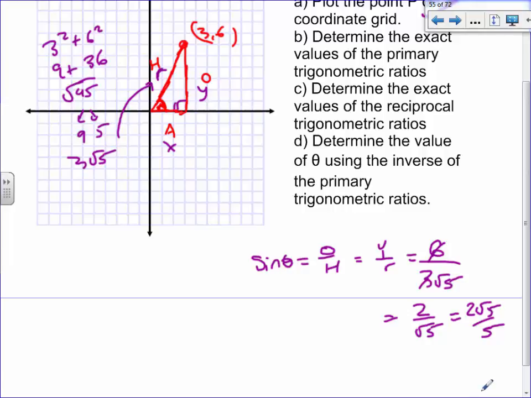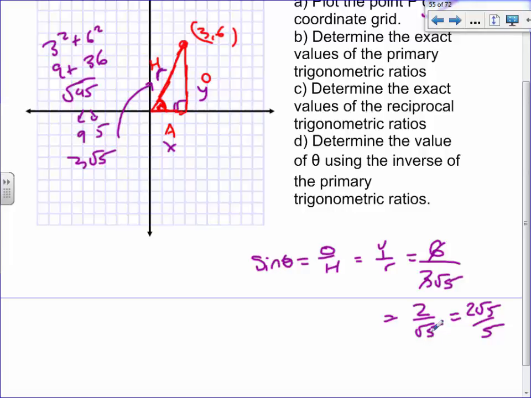Did that make sense? Did all those steps there make sense? Yeah. From the top. 6 is literally the y value, the opposite. 3 root 5 was our reduced version of the hypotenuse. I canceled the 6 and the 3, made it a 2, but I had a root 5 on the bottom.